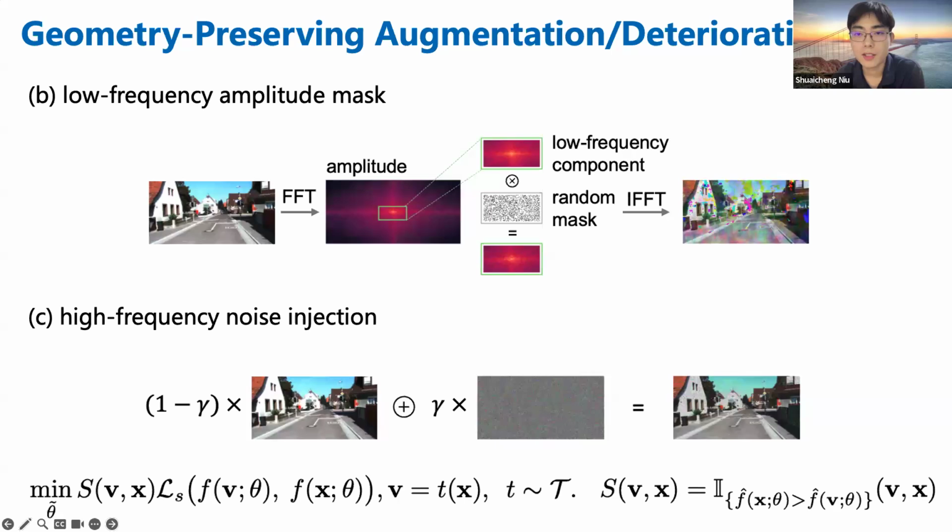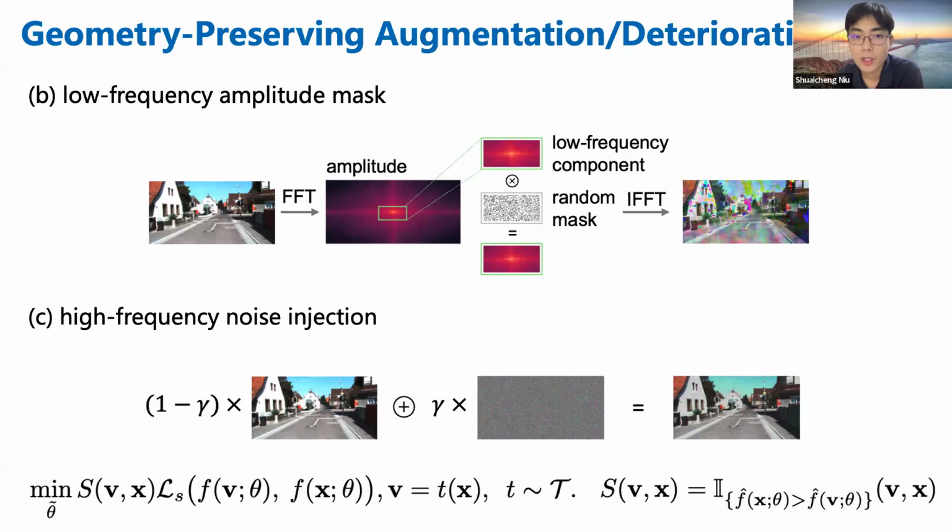Firstly, at low frequencies, we first perform FFT, the fast Fourier transformation, on the given testing image X, and then get the amplitude component. We then shift the amplitude to make the low frequency components located at the center area, and then randomly mask the low frequency central area.